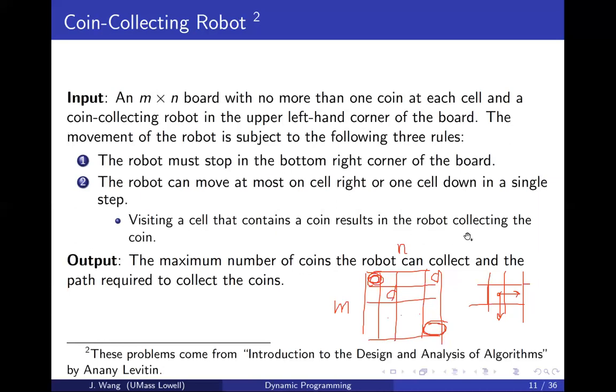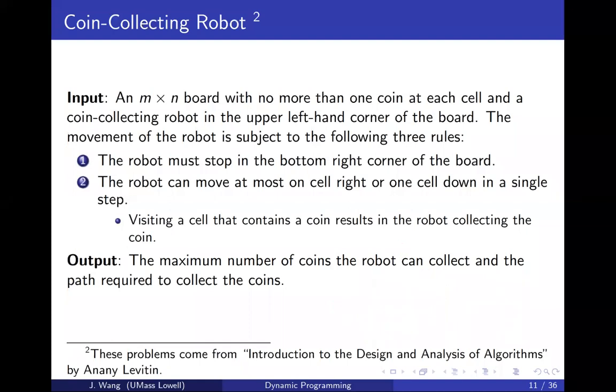So if there's a coin in this cell, when you visit that cell, you collect that coin. That's what this problem is. Then of course what you want to do is figure out how this robot should move in order to collect the maximum number of coins.